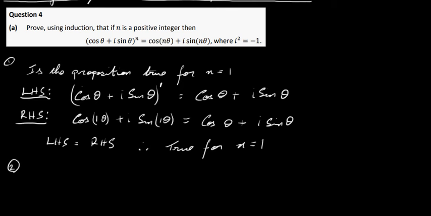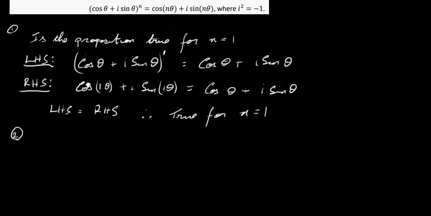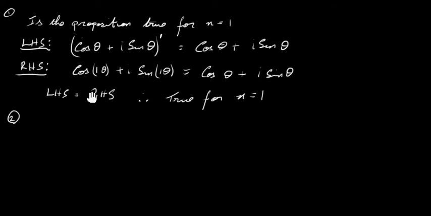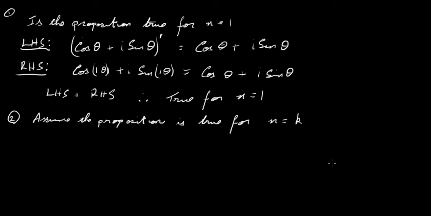So step 2 then is to prove that it's true for n equal to k plus 1, given that it's true for n equal to k. So we're going to assume the proposition is true for n equal to some value called k.